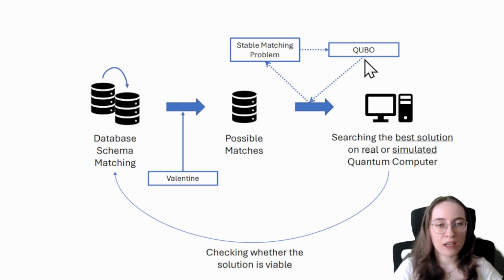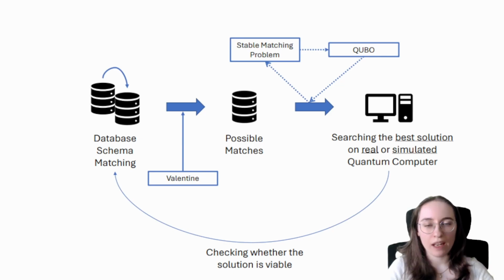Out of both of them results the stable matching QUBO formula that we can input into the quantum computer. We then try to compute the best solution on the real or simulated quantum computer, and after we achieved these results, we check whether the solutions are viable or not and give them back to the user. I will now explain the workflow on the basis of a Jupyter Notebook, which executes a simple example.